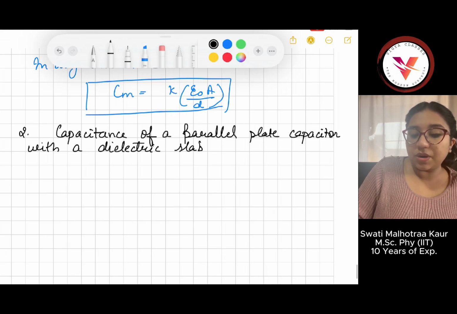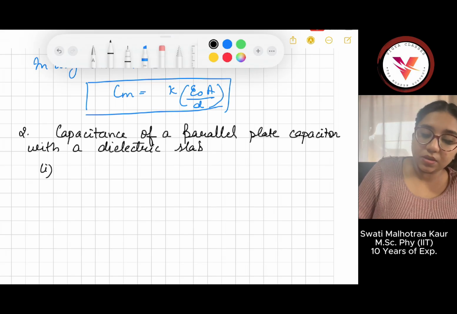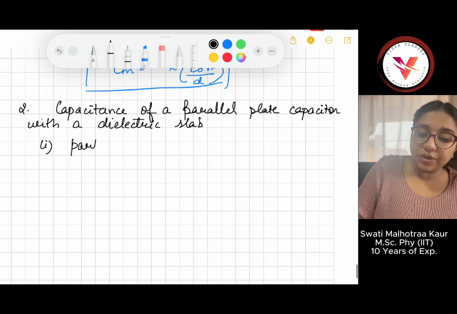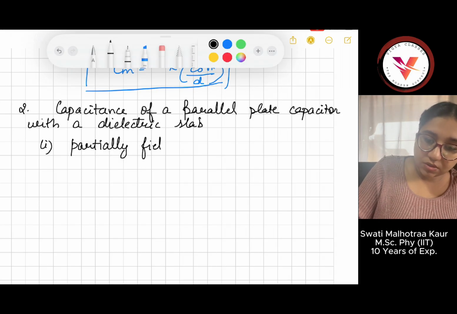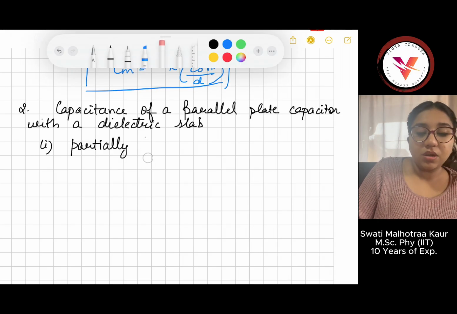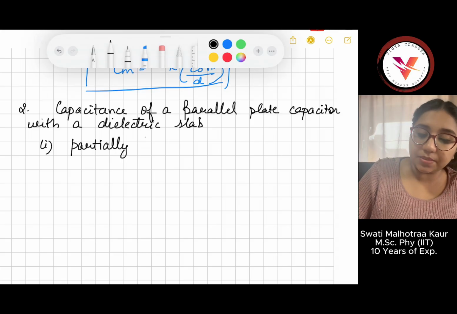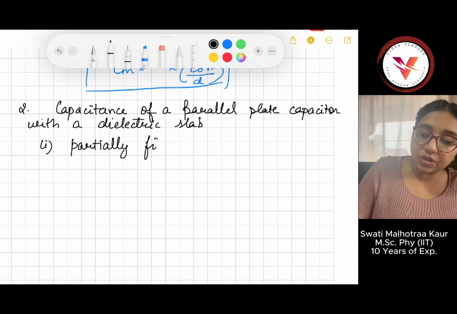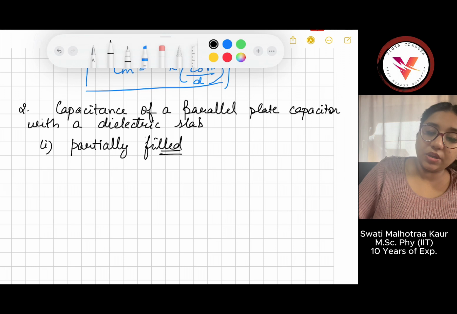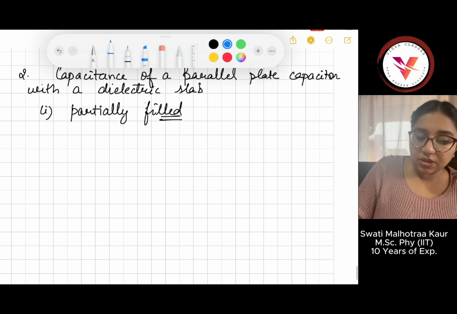First we'll do it with partially filled. Okay, partially filled means there is some space between the capacitor plate and the dielectric slab. Partially filled. Okay, so here again the same thing.